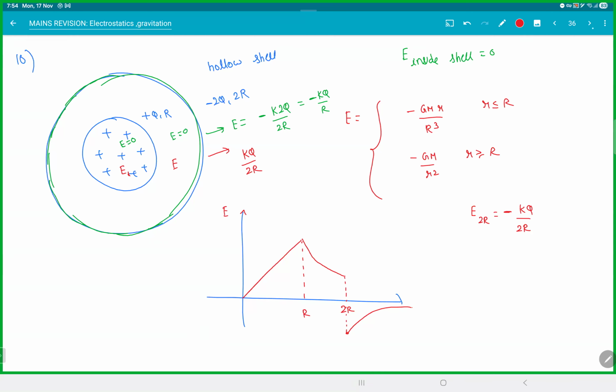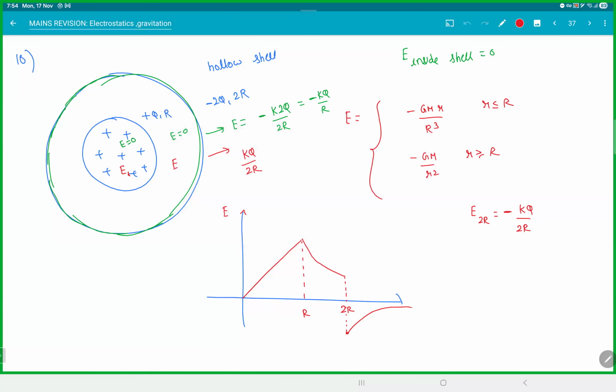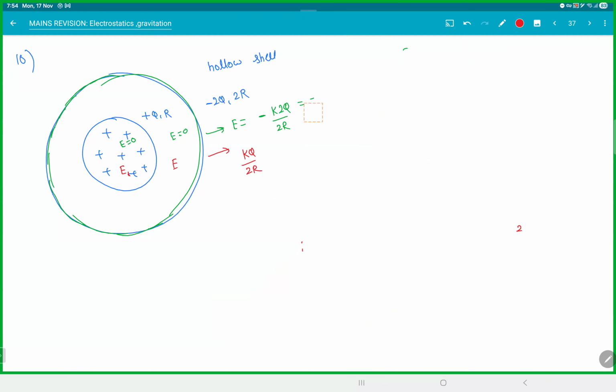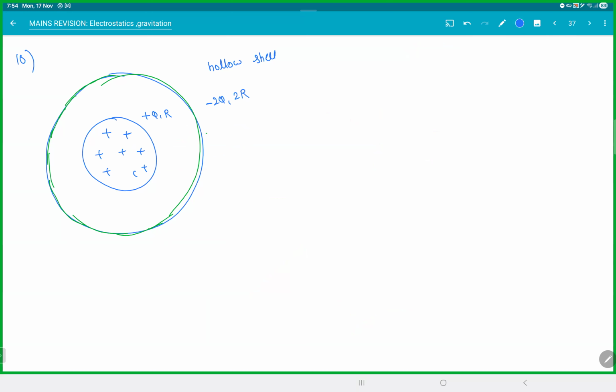So same way, we can play for potential also now. What do you think will happen for the potential? Now, potential inside is not 0. It's actually constant.